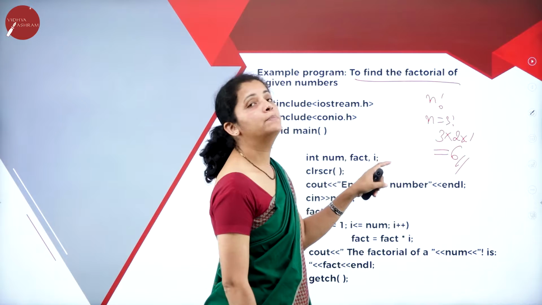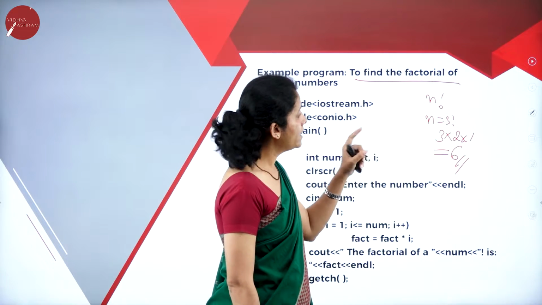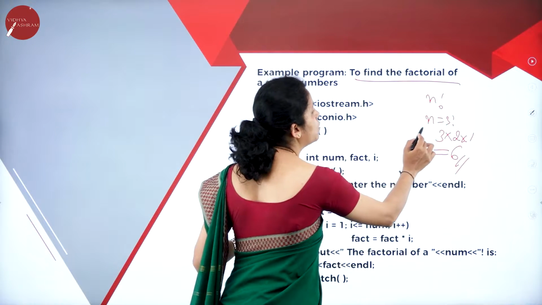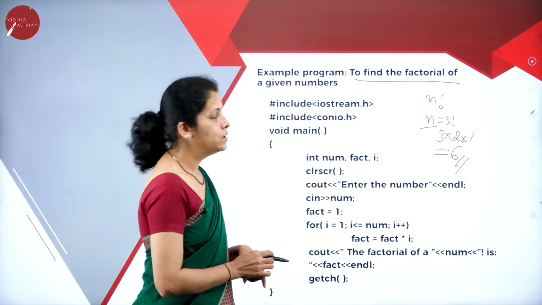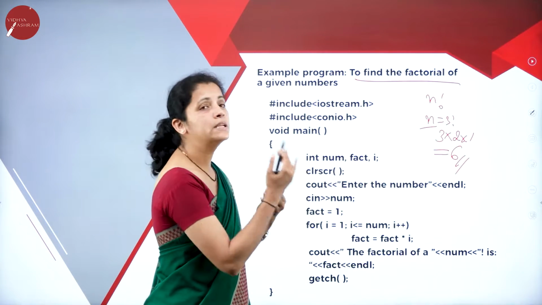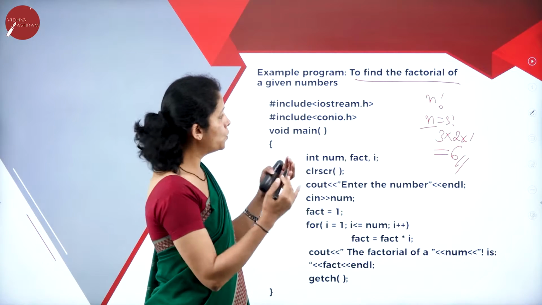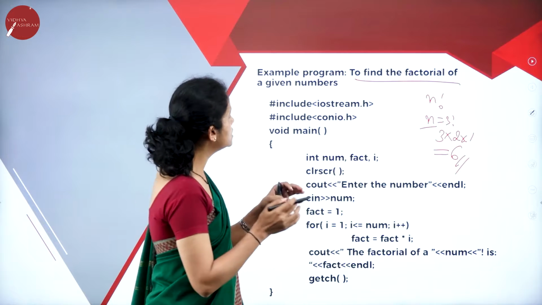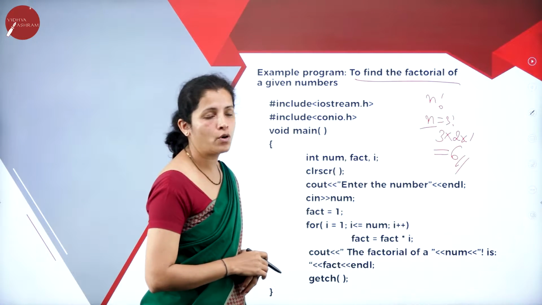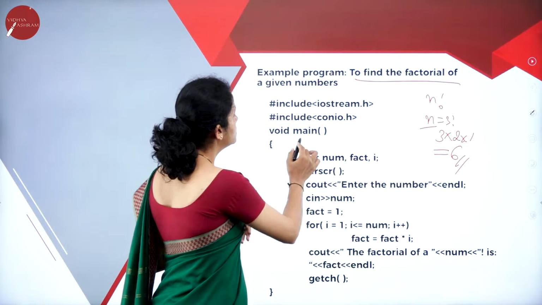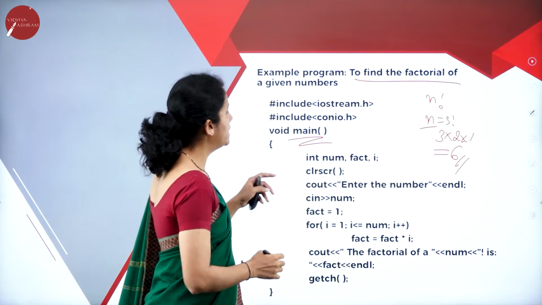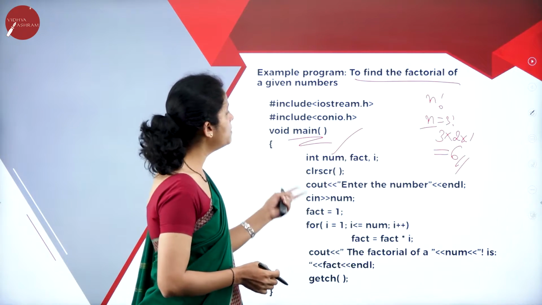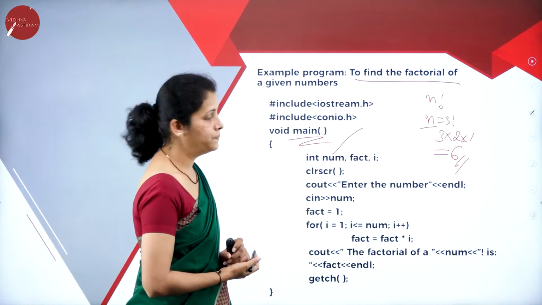So here what I want to do? I want to multiply each time. And how many times I need to multiply here? That purely depends on the n value. So here it is nothing but repetition. I know when to start and when to stop. In this situation, I'm going to use a for loop. So here this is the main program, and I'm going to use 3 variables called number, fact and i.